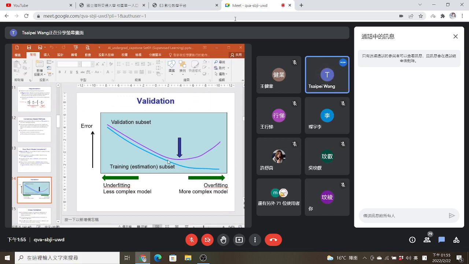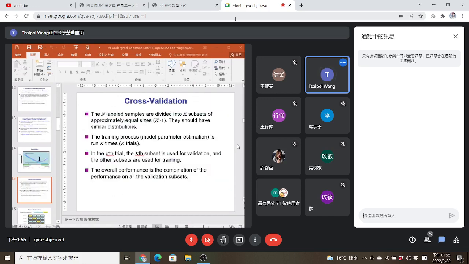However, on the validation subset, this is where overfitting shows up. So what you want is the level of complexity where the performance on the validation subset is optimal. If you have a huge amount of data, then you can just randomly select some of it as the validation subset, and go with that.